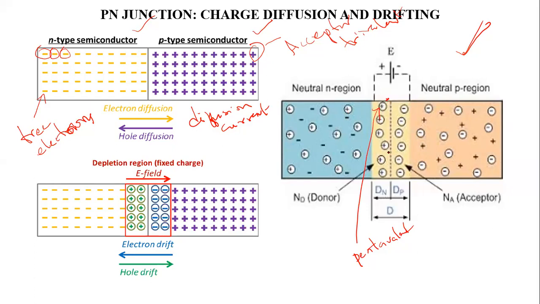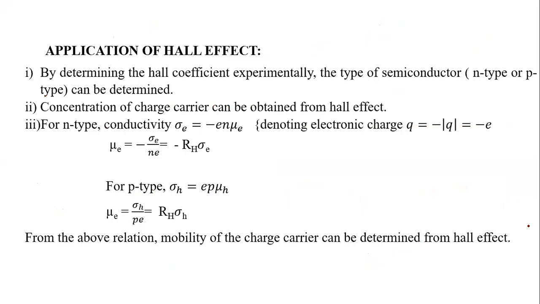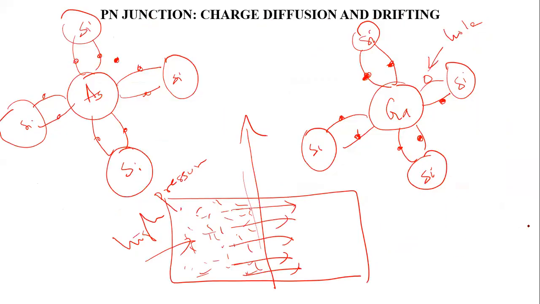When you join with the p-type region, which has trivalent atoms, each trivalent atom will have a vacancy, like the one shown here. So when you join these two, suppose this is your partition dotted line.